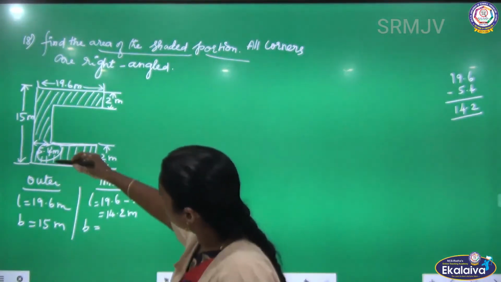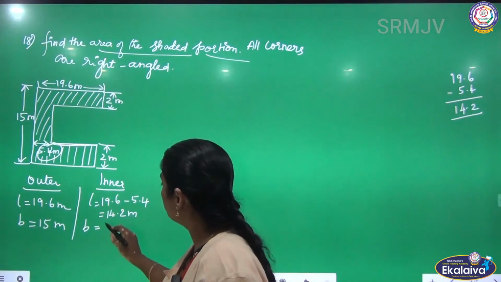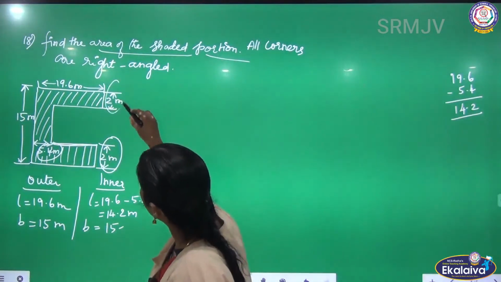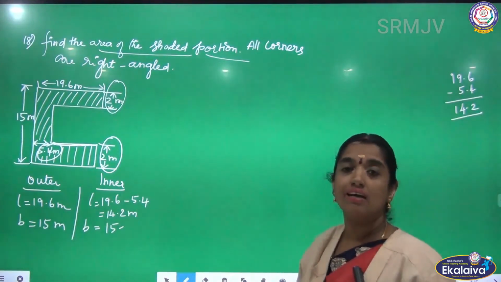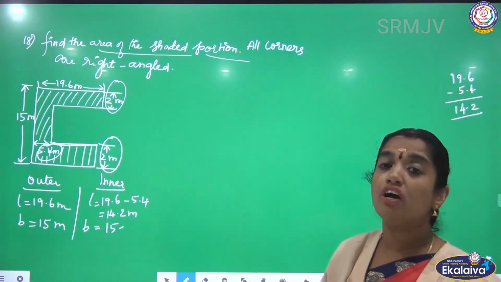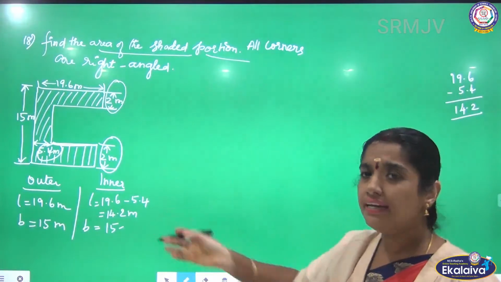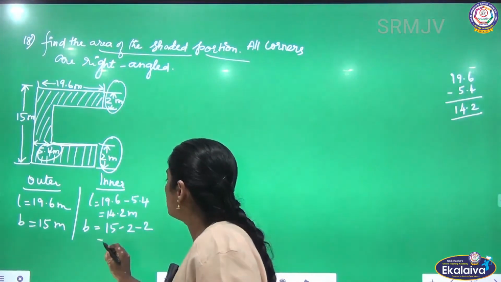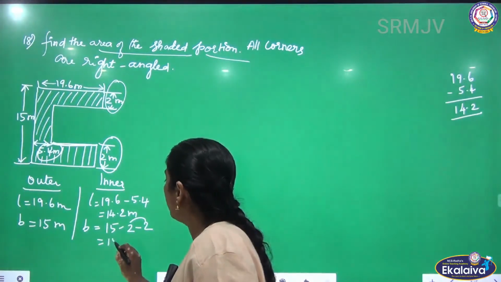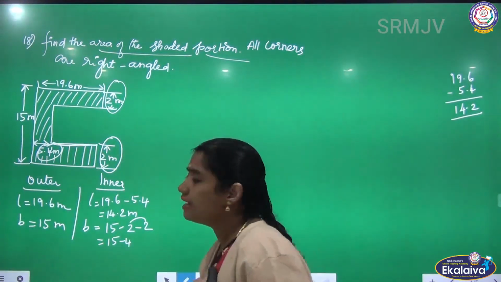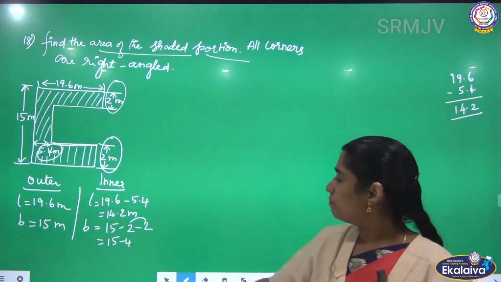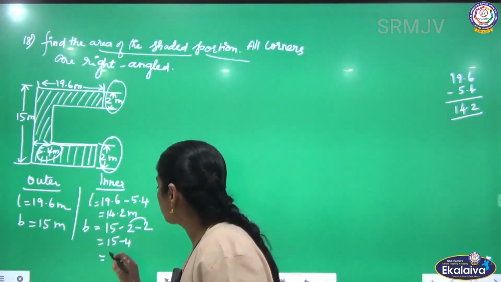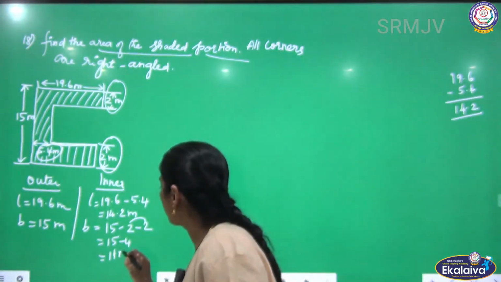Let me come to the breadth. The overall breadth here is 15. And see, here 2 meter and here also 2 meter. So you are going to subtract because you are finding the inner rectangle. So 15 minus 2 minus 2, that is 15 minus 4, which is 11 meter.